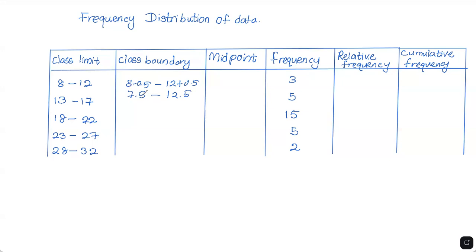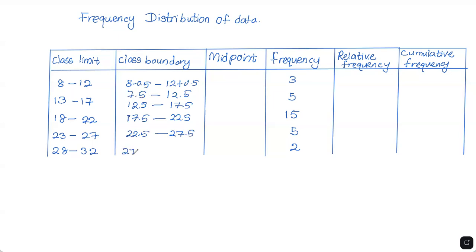We are going to do the same thing for this one. 13 minus 0.5 is 12.5, and 17 plus 0.5 is 17.5. 18 minus 0.5 is 17.5. 22 plus 0.5 is 22.5. 23 minus 0.5 is 22.5 and 27.5.